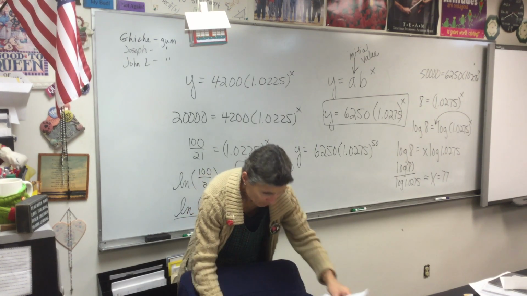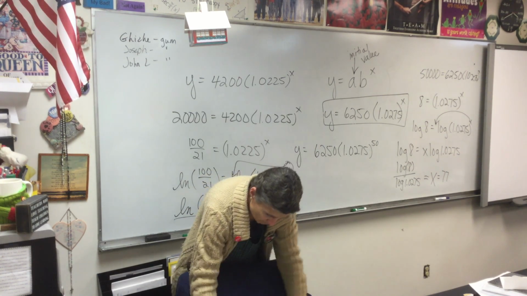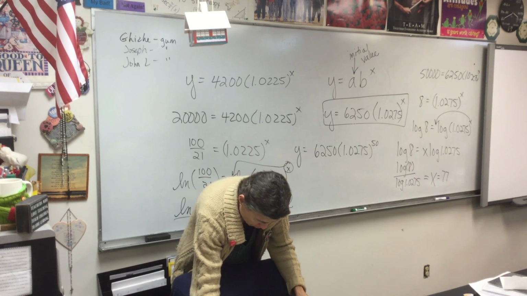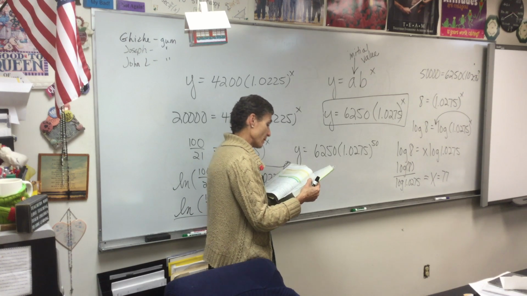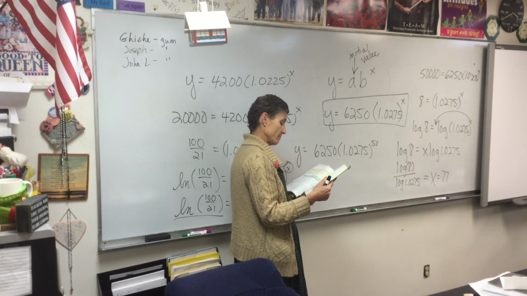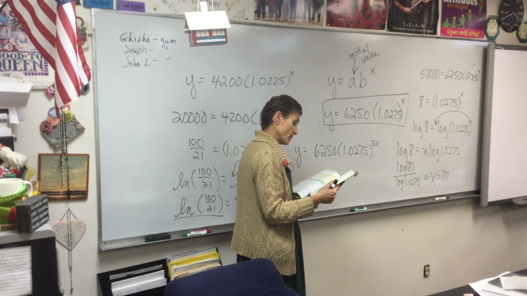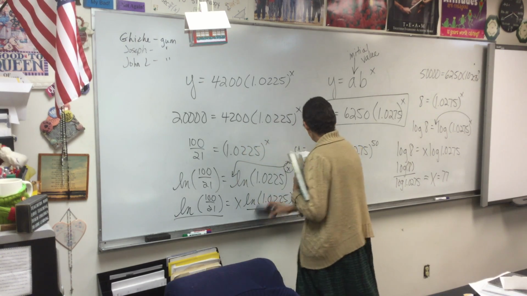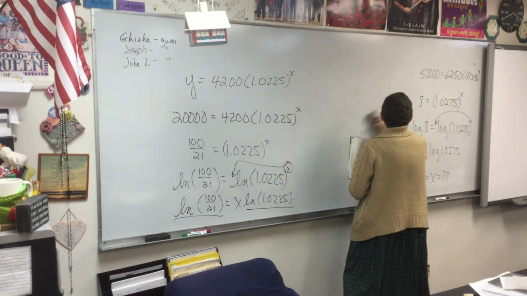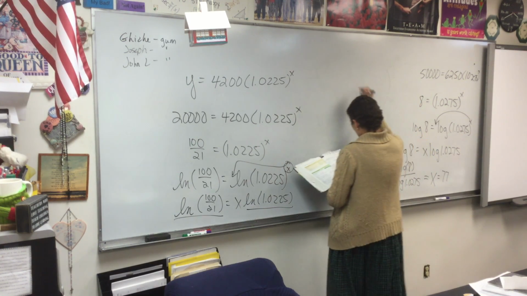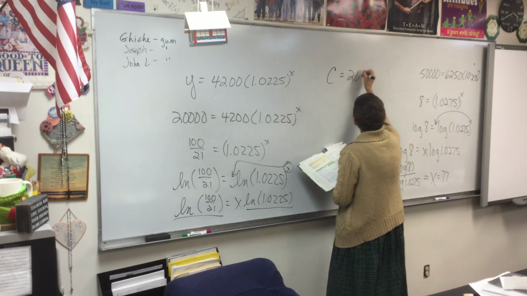All right, I've got one more in here. Number 40. Radiocarbon dating. The amount seen green. Okay, so this time they gave me an equation. You do not have to write your own this time. They gave it to you.